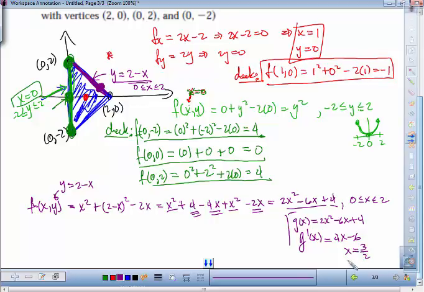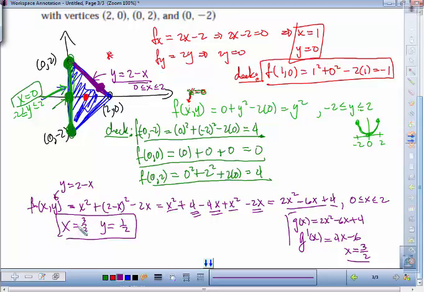So x equals 3/2. Your y value is equal to, what's 2 minus 3/2? Is that 1/2? 1/2. Okay, so we have a critical point in the boundary.